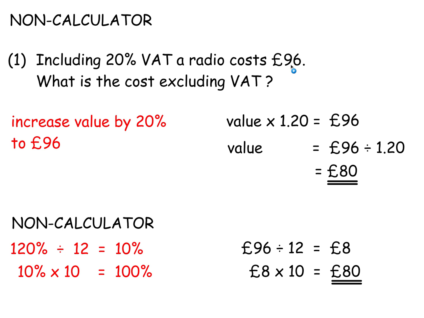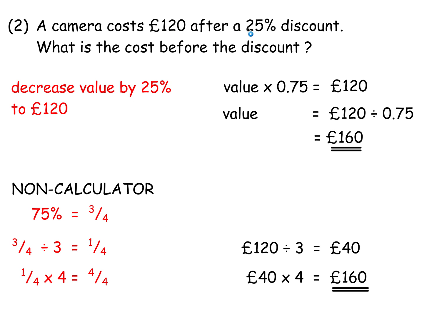If I divide that by 12, we get 10% and times it up by 10 to get 100%. Or in this method, with a 25% discount, you're paying for 75%, that is, you're paying for 3/4. Divide it by 3 and you'll find out what a quarter is, and times it up by 4 and you'll get 4/4. So these questions are quite common as non-calculator questions.